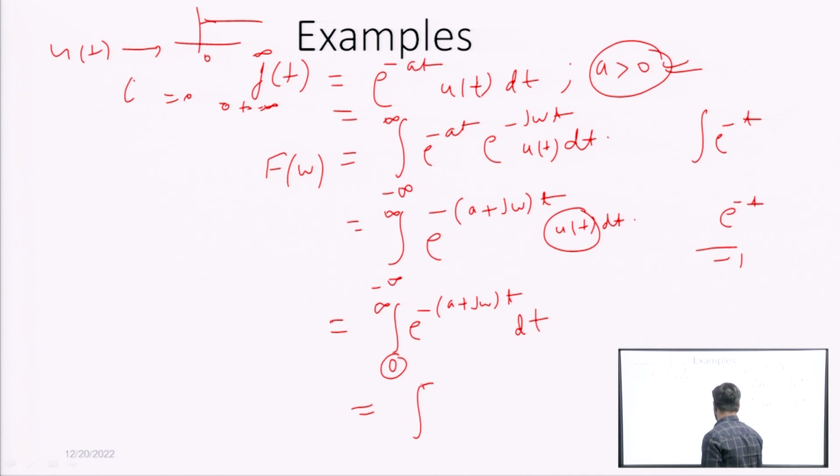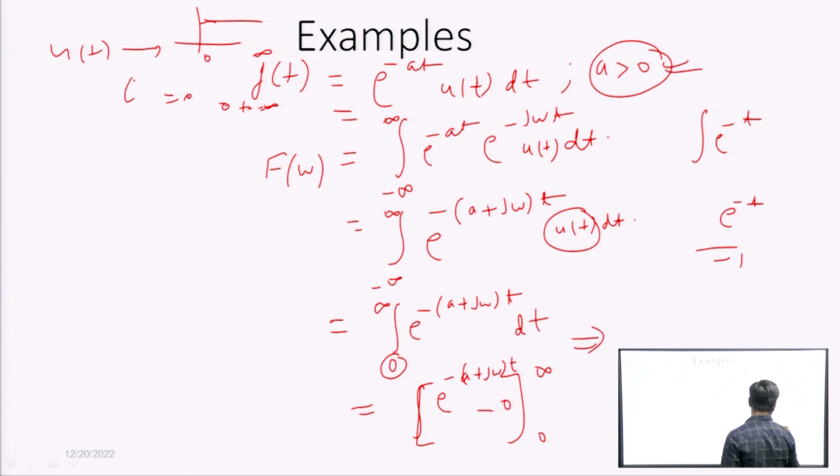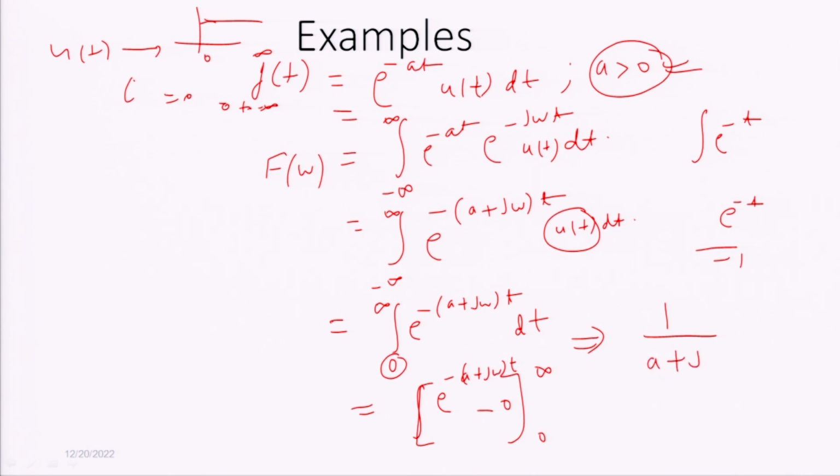So, here you will get e to the power minus (a plus j omega) t evaluated from 0 to infinity, and when you solve, you will get 1 upon a plus j omega.